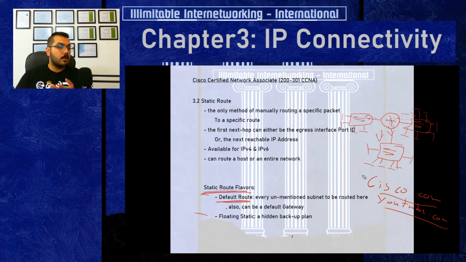So I must mention the IP address and the next hop for Cisco.com, for YouTube, maybe for Google.com, Facebook.com, Twitter.com, and so on. And you know that there are tens of thousands of websites around the world.